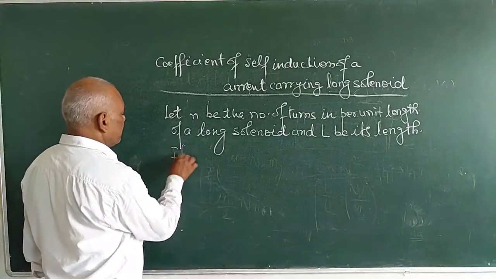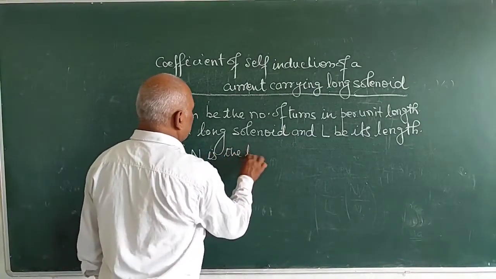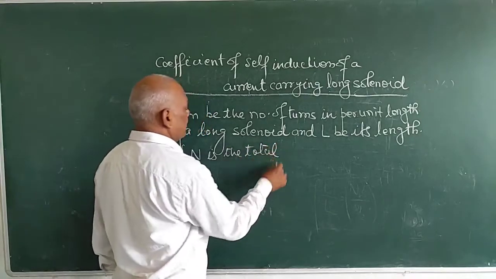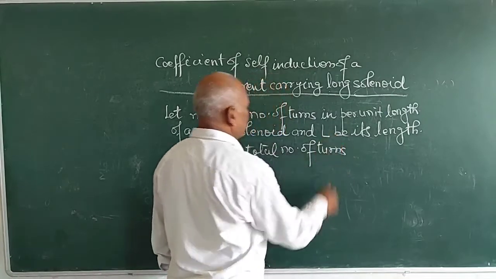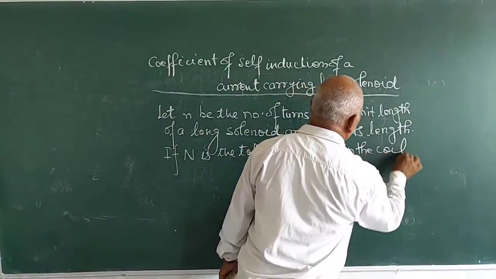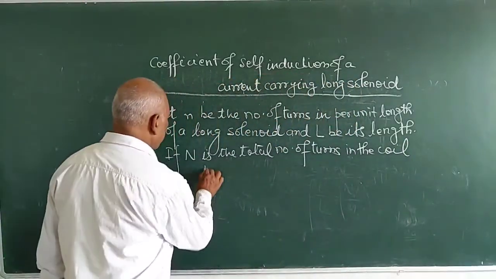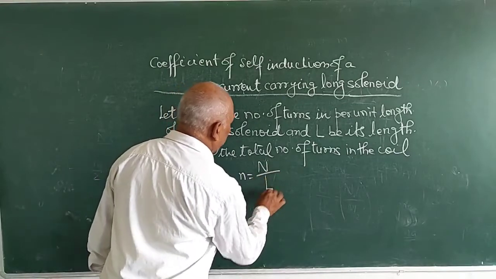If N is the total number of turns in the coil, then small n is equal to capital N upon L.